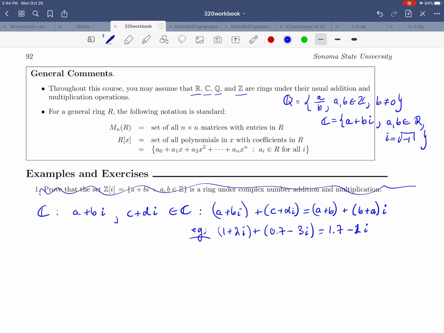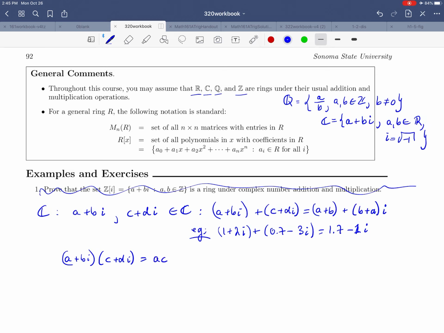We can also multiply complex numbers. Again, we are starting with a plus bi times c plus di, and what is that? You can distribute. Think of these just the way that you would distribute polynomials. You can do that right here as well.